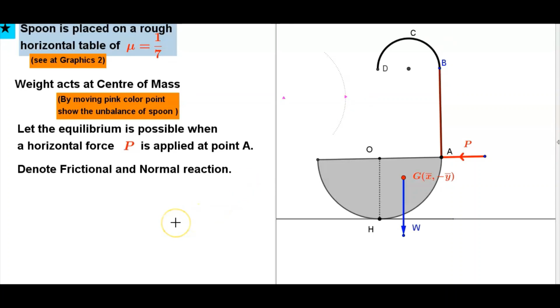Denote the frictional and normal reaction forces on this diagram. How will it slip? This way. Now by using this applied force, the frictional force would be in this direction, opposite to this direction.